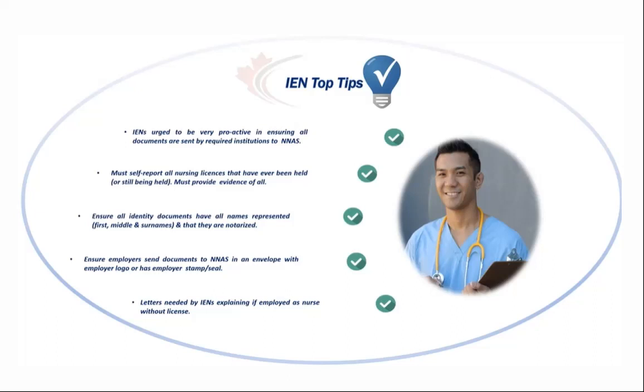So we urge you to be proactive with these institutions so there's not a delay in them completing the materials to send to NNAS. We also ask that you self-report all nursing licenses that you've ever held or still hold, because we must receive forms for each one of them.